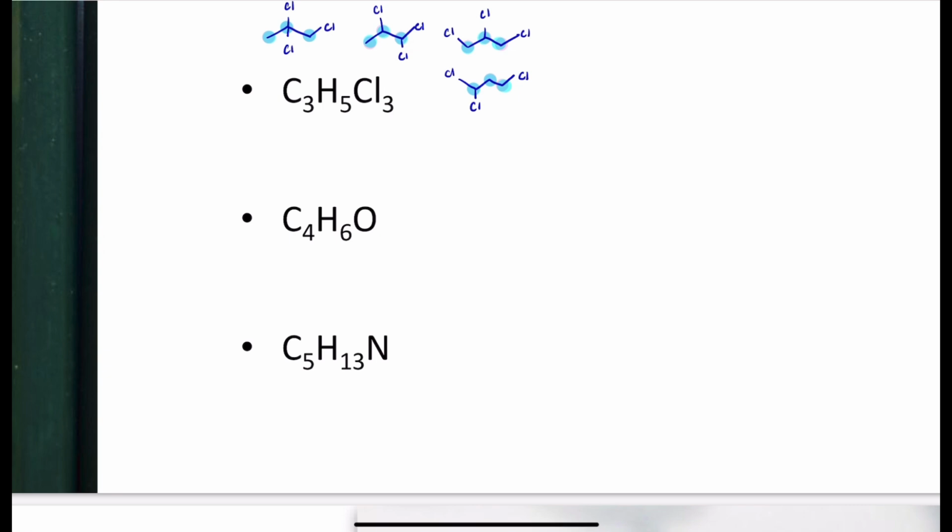C4H6O. 1, 2, 3, 4. See if I put a double bond there for the carbonyl. 1, 2, 3, 4, 5, 6, 7, 8. I'm going to need a double bond somewhere else. Let's try this. 1, 2, 3, 4, 5, 6. That would do it.